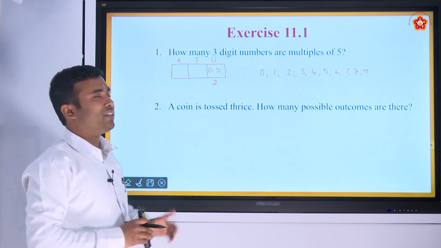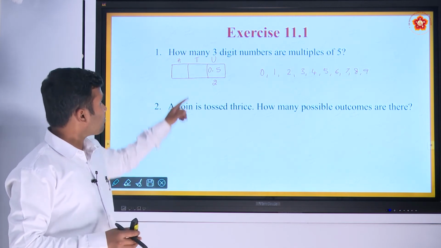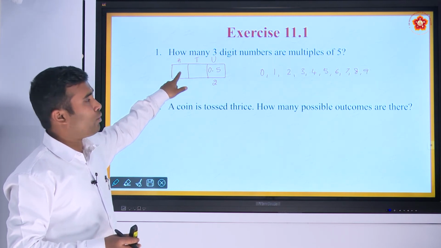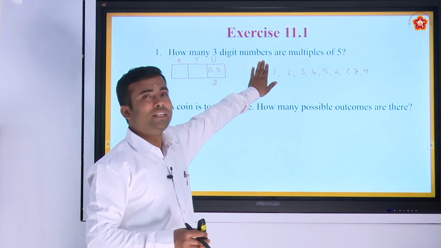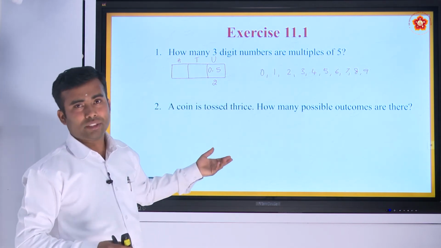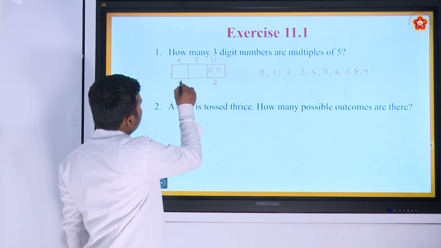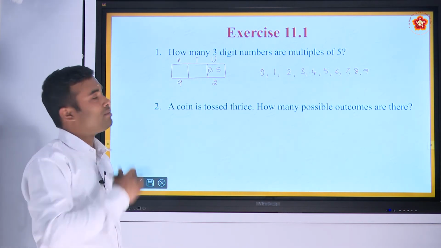Now you come to the 100s place. How many digits are possible here? Except 0, all the digits are possible, right? Because if you put 0 here, it becomes a 2-digit number. Therefore, there are 9 possible digits that can be taken in the 100s place.